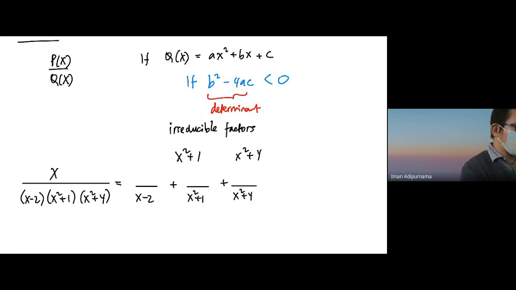And the top equation will be A. And for the irreducible factors, we will write Bx plus C, linear, and Dx plus E.